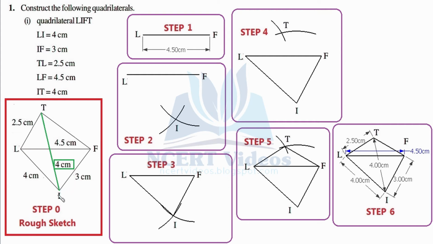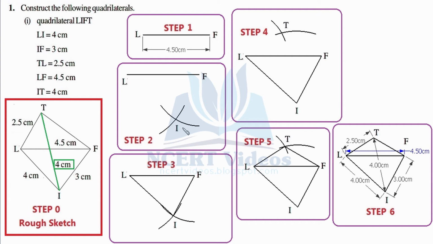Therefore, we will adjust our compasses at a distance of 4 centimeter because we are considering the distance of line segment LI, and we will put our needle over L and draw this arc. Then we will readjust the compasses at a distance of 3 centimeter and put the needle over F, and we will draw this arc. So in order to construct any point on a piece of paper, we need two distances.